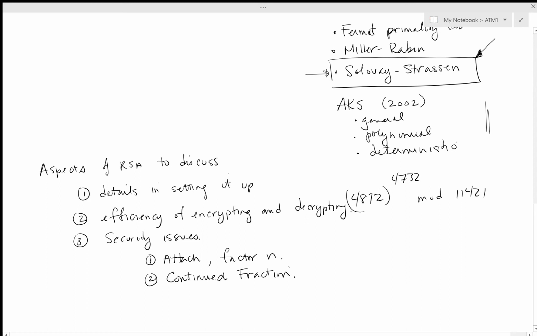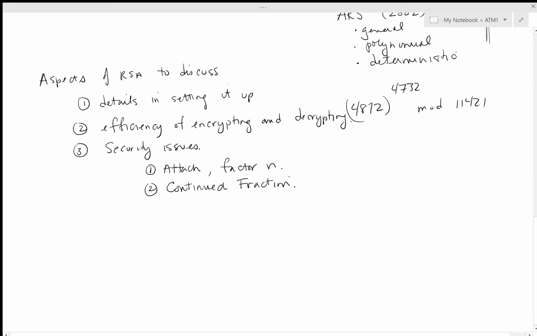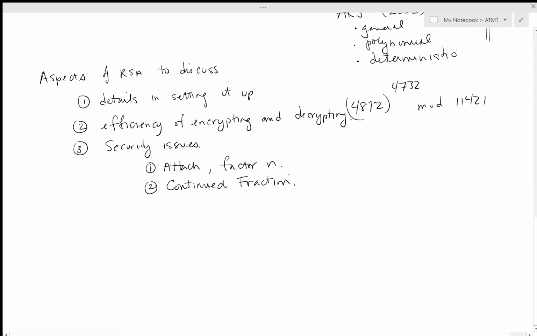Okay, so let us note the RSA parameter generation in an algorithmic format here. We're thinking of making an RSA crypto system, and we need to generate all the numbers we need to do this.